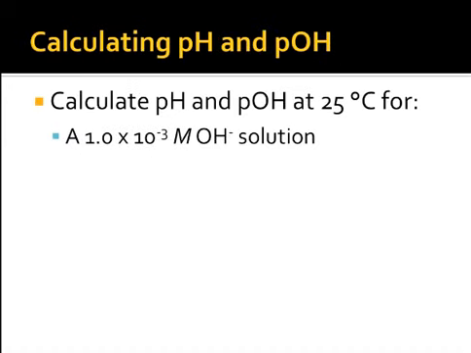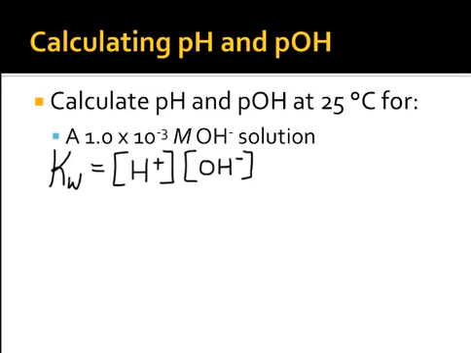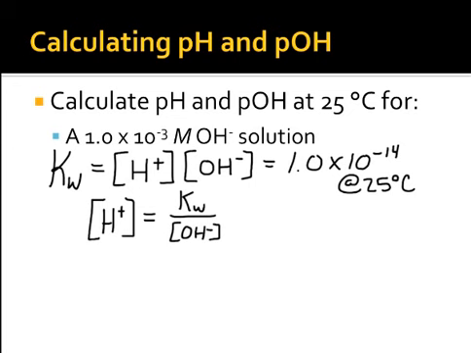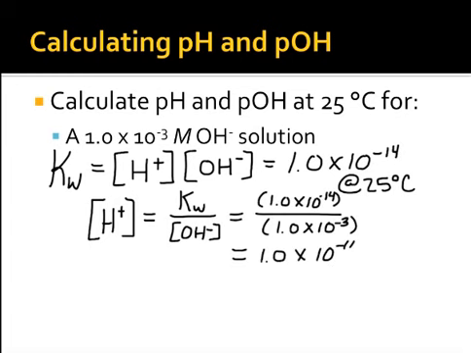Let's practice some pH and pOH calculations. What is the pH and the pOH for a 25 degrees Celsius solution with a hydroxide concentration of 1.0 times 10 to the negative third molar? The ion product constant Kw is equal to H plus times OH minus concentrations. By solving for H plus concentration and substituting the given values, we see that H plus concentration ends up as 1.0 times 10 to the negative 11th.